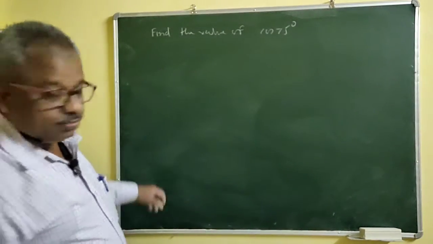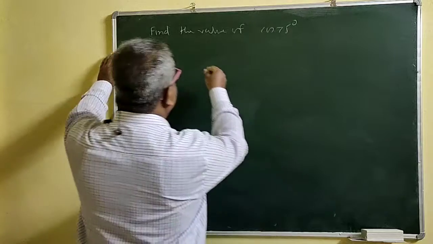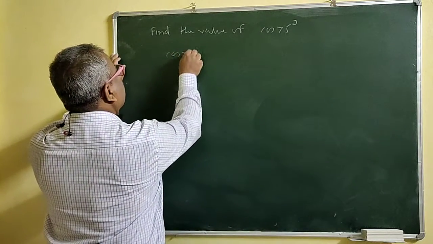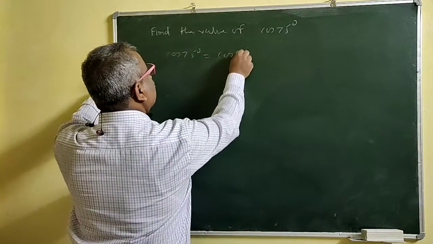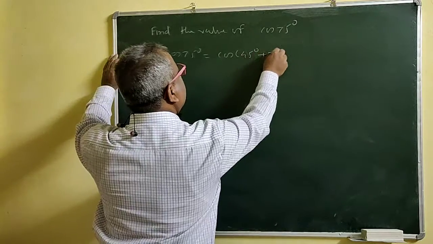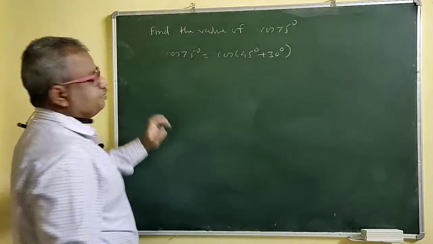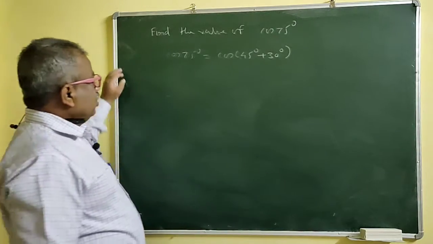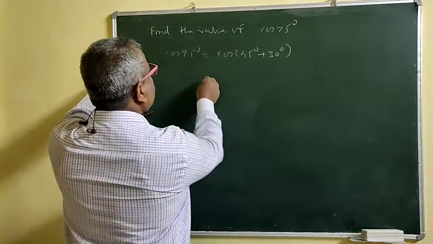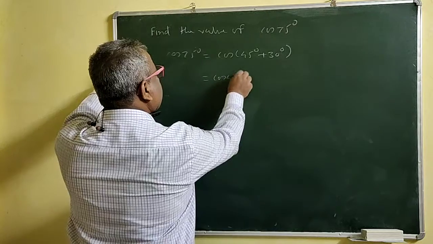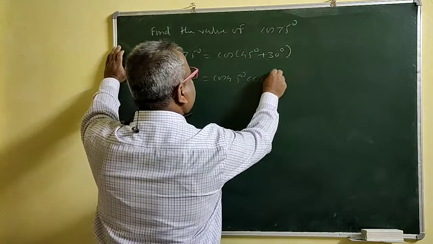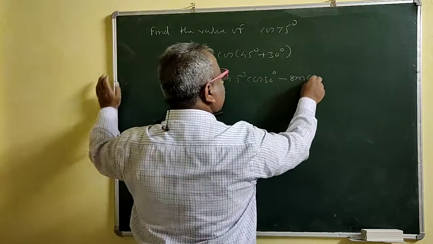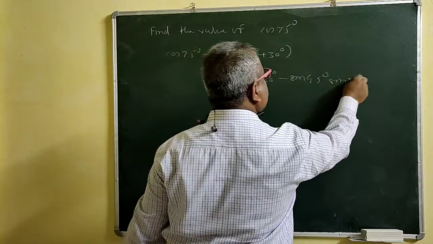Okay, how can I write this? Cos 75 degree is the same as cos of 45 degree plus 30 degree. This is only one option. So this is cos 45 degree cos 30 degree minus sin 45 degree sin 30 degree.